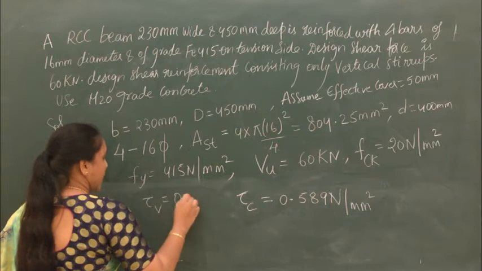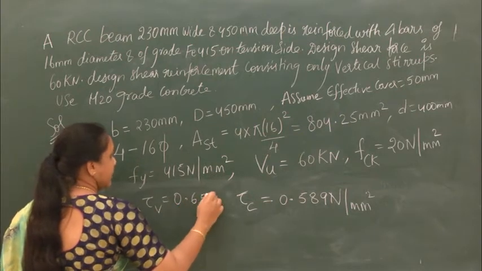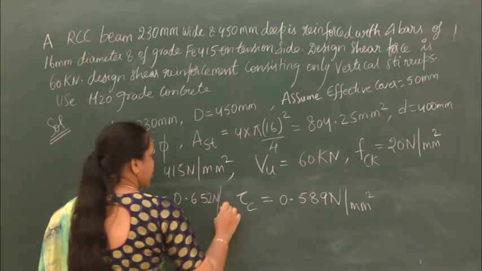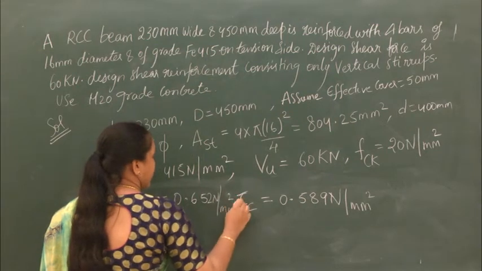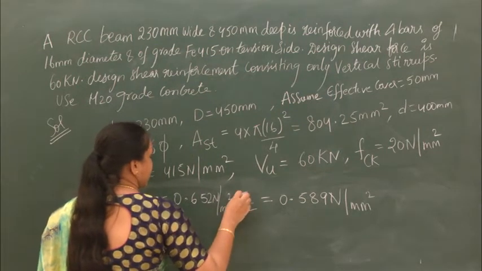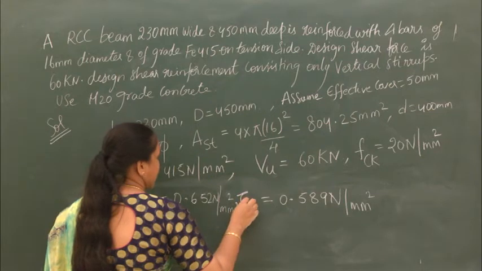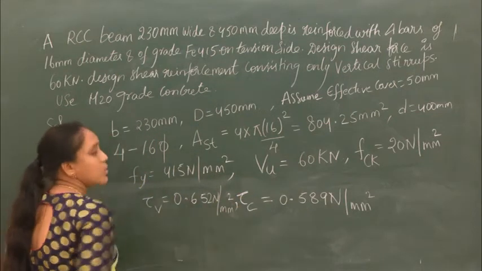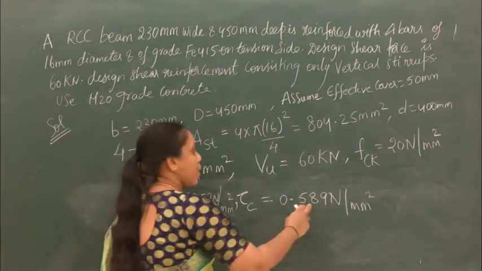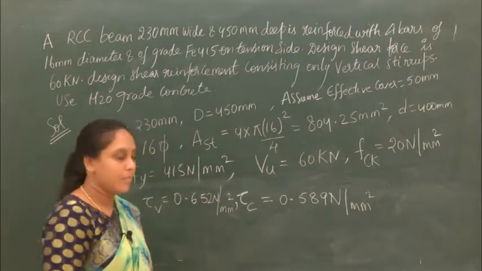What is the tau b value I have got? The tau b value I have got is 0.652 Newton per mm square, and the tau c value I have got is 0.589 Newton per mm square.